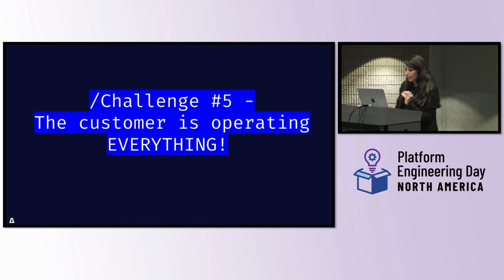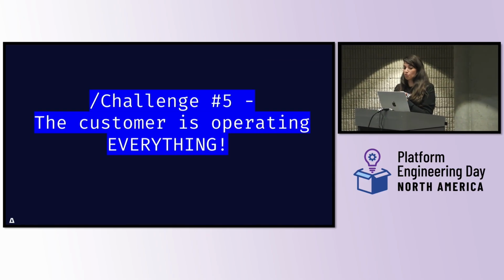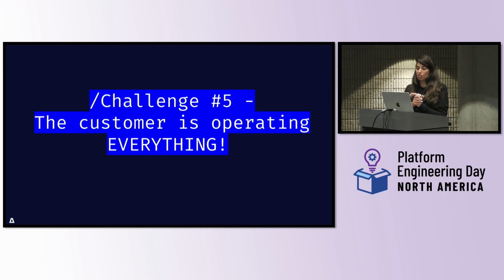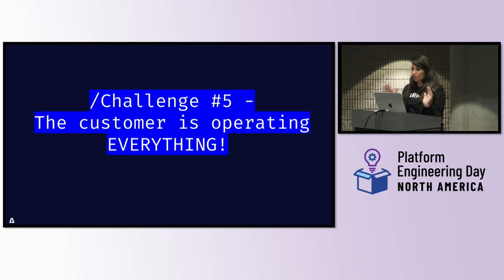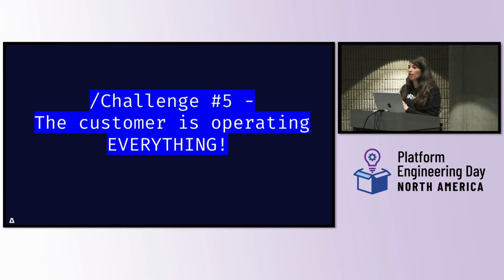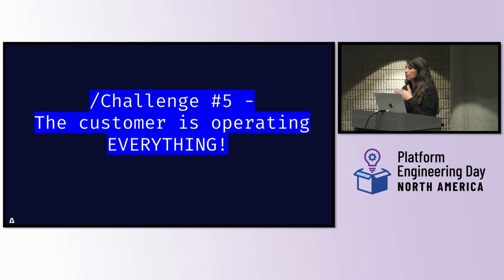And last but not least, the customer is not with us, and the customer is operating everything. We are with him online, by phone, but eventually it's someone, somewhere, not near me. I don't know how his environment looks, his architecture, which networking.